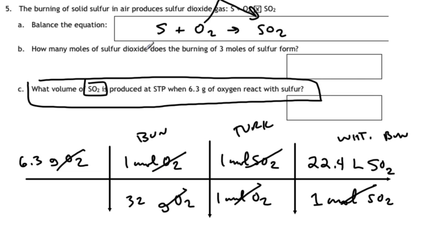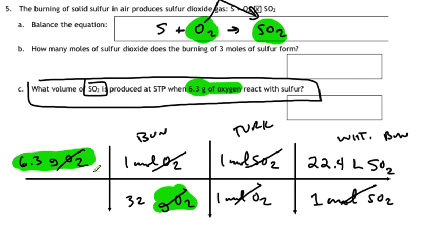Like here. Here's a problem where you have 6.3 grams of oxygen. So oxygen's right here, and they want to know what volume of SO2. SO2 is right there. So I first start with 6.3 grams of oxygen. That means I have to have grams of oxygen down there, or O2, molar mass is 32. Then, ding, ding, ding, once I get moles in the upper part of the grid, I grab my coefficient there and my coefficient there, which is 1 to 1.